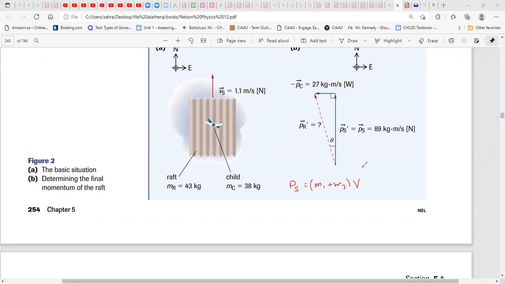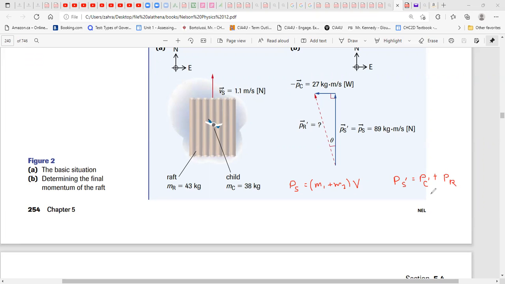After that, P of S prime is going to be P of child plus P of raft.